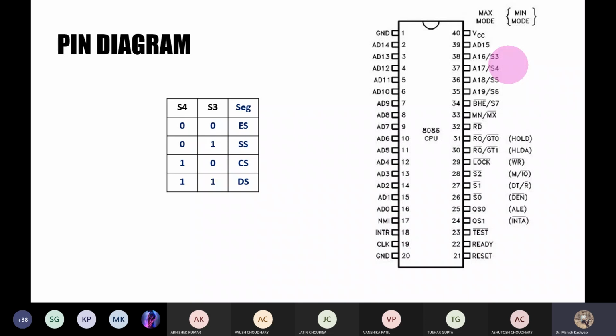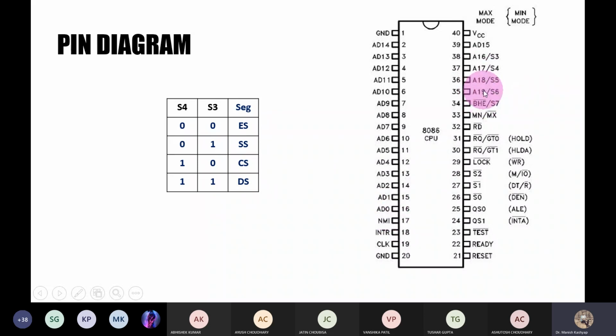They are necessary because, as we have seen in the timing diagrams of the 8085, the address bus usually remains active at the first clock cycle of any instruction cycle, right? In 8086, we have seen that addressing is at two levels: first we have to provide a base address, and then we have to provide an offset address. To tell which segment is getting used, in the first clock cycle you will have the address on AD0 to AD19.